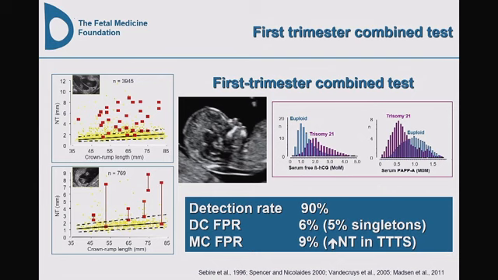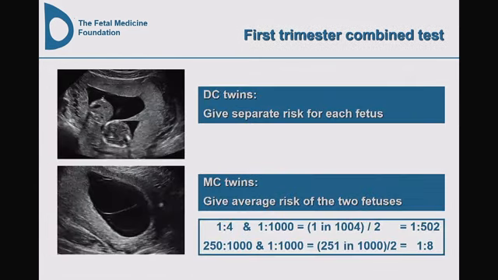This is mainly because nuchal translucency is not only a feature of chromosomal abnormalities, but in monochorionic twins it could be an early feature of twin-to-twin transfusion syndrome. Just to summarize, in dichorionic twins, we give a separate risk for each fetus, whereas in monochorionic twins, we give the average risk for the pregnancy.